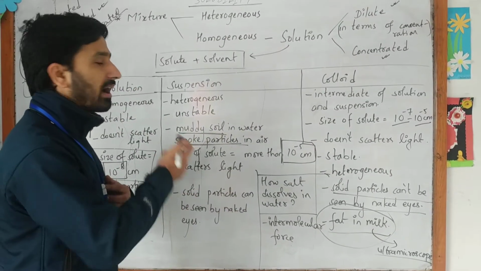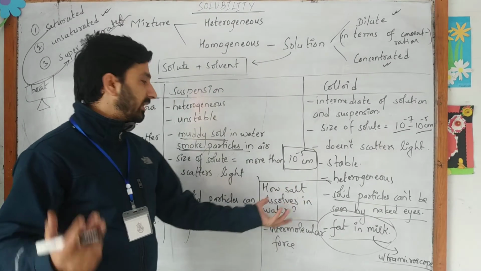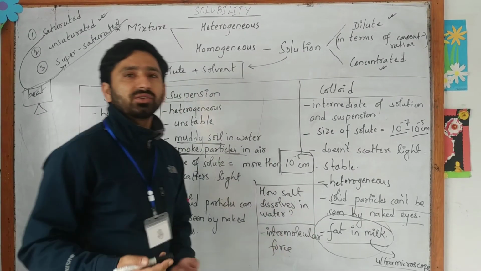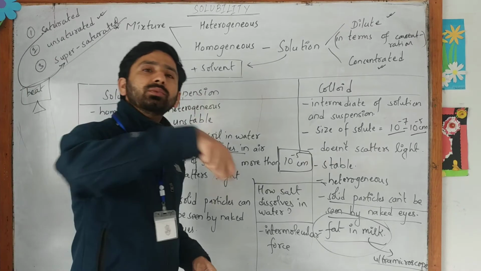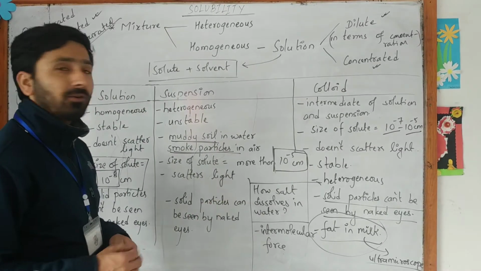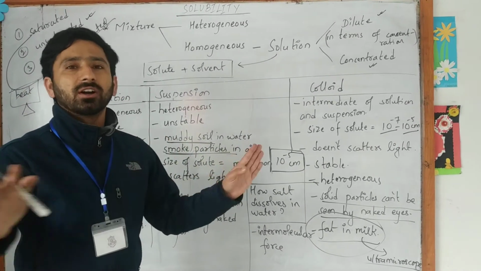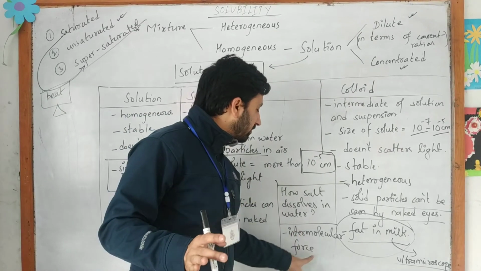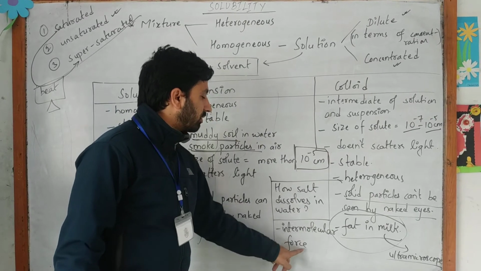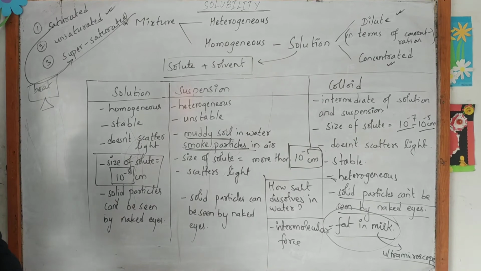We can say, when we keep salt in the water, the strong force between the molecules of the salt no longer exists. The intermolecular force becomes weaker, and with weak intermolecular force, those salt molecules get mixed in the water.